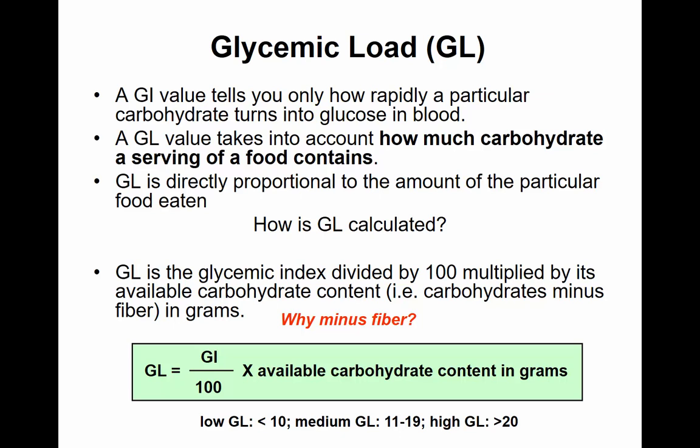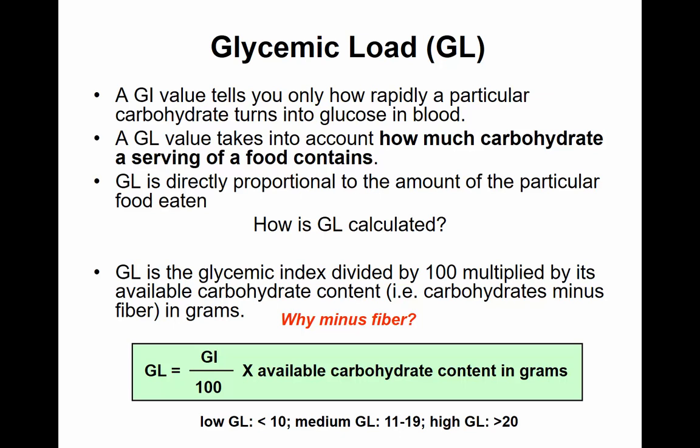GL is the GI, glycemic index, divided by 100 and multiplied by its available carbohydrate content in grams, right? So again, it's more related to how much carbohydrate is in that particular portion of food that you eat.